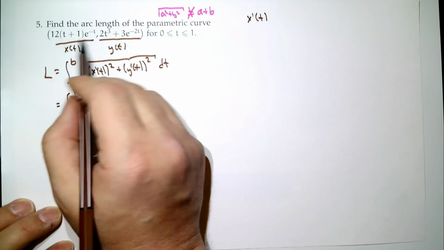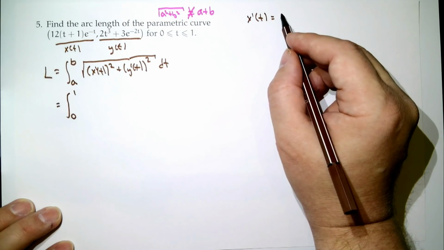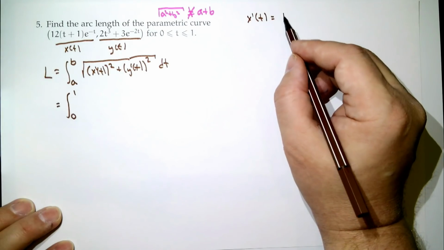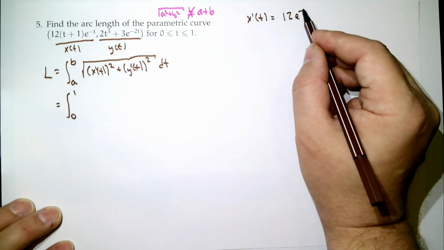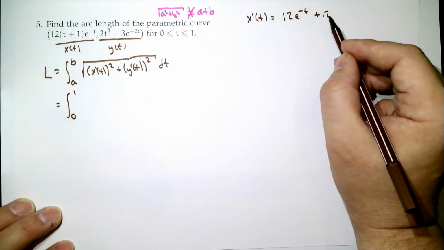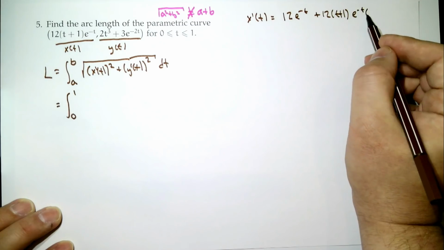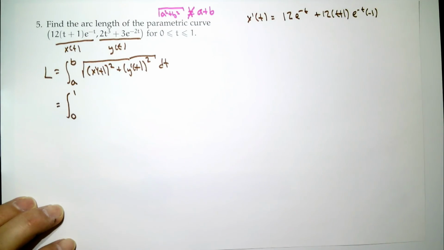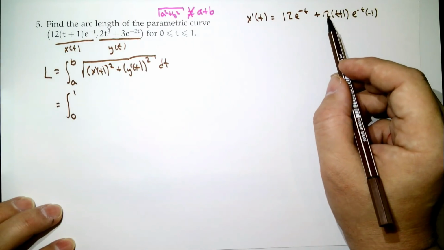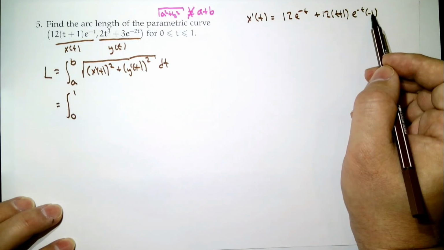So here I have things multiplying together, so I'll use the product rule. So the derivative of 12 times (t plus 1), that's simply 12, e to the minus t. And then I'm going to have plus 12 times (t plus 1) times e to the minus t times minus 1 by the chain rule. Now, if you actually look at what happens here, you'll see that you have a 12 e to the minus t, but it's being subtracted.